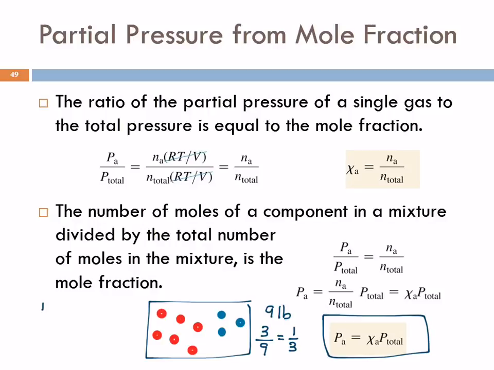The mole fraction, 1/3, times the total mass gives us the mass of the blue balls. Now that may have helped a couple people, it may not have helped other people. If that didn't make sense, just forget about it. That's just an analogy. Okay? Sometimes my analogies are good and sometimes they really suck.